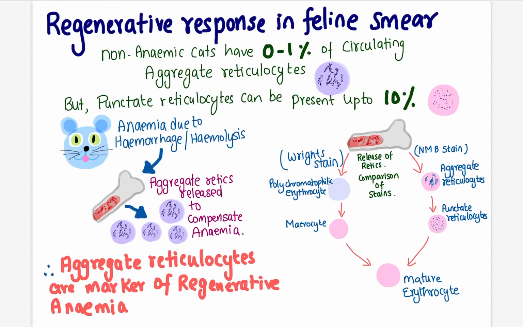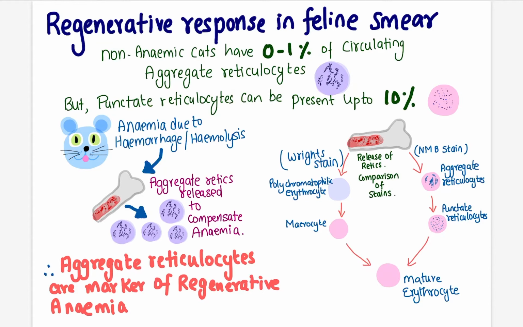Coming to assessment of a feline smear for regenerative response, you need to consider two important cells: punctate reticulocytes and aggregate reticulocytes.